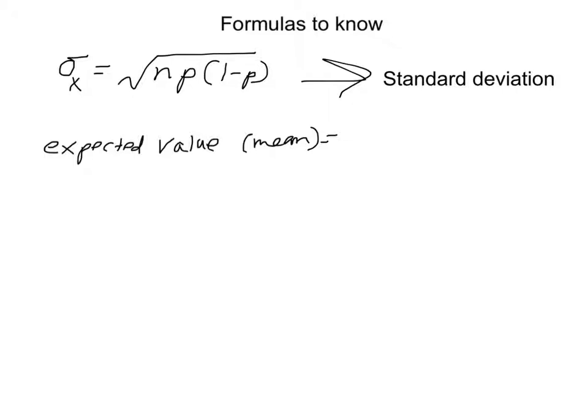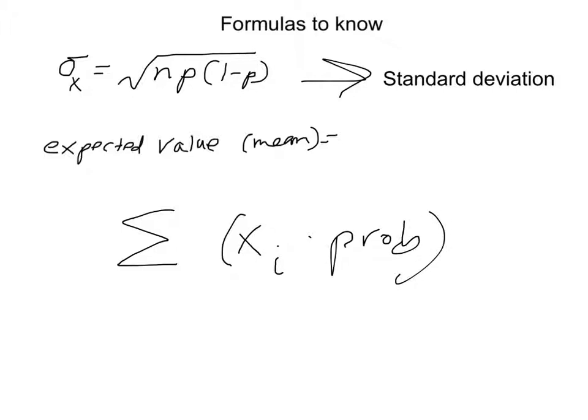For this one, you add up, which we use sigma, all the different items, so each individual piece of data, which we'll usually mark with xi. Then you multiply that by the probability of that happening, and you add up all that for each individual piece.